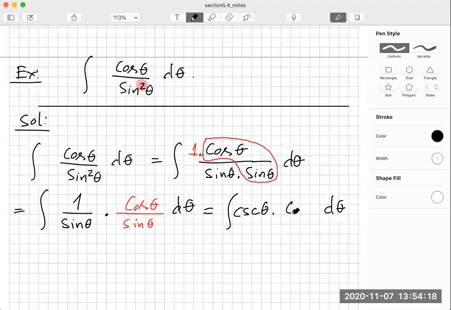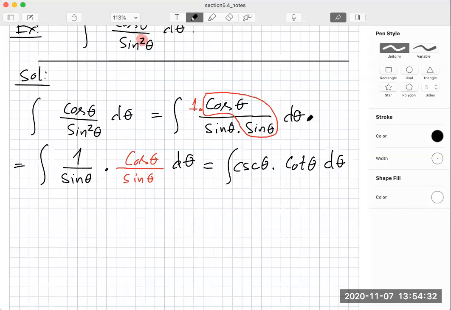Thank you. Okay, and now go back to the table of formulas. Which one should we use? Cosecant times cotangent.